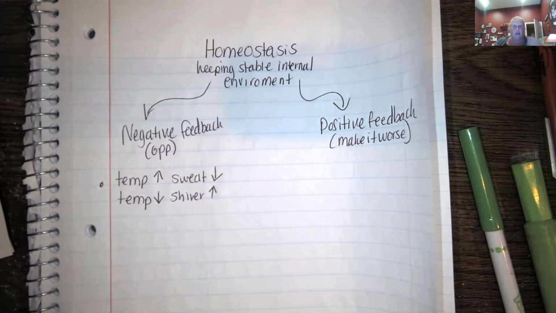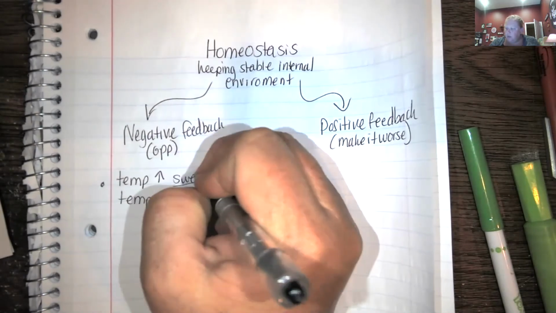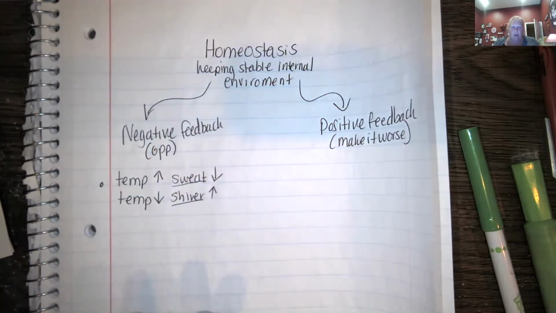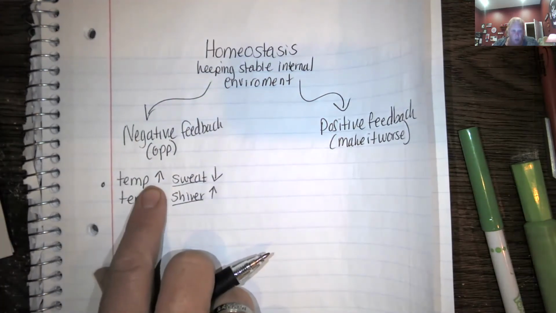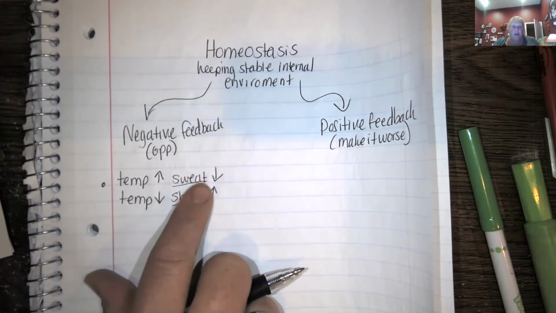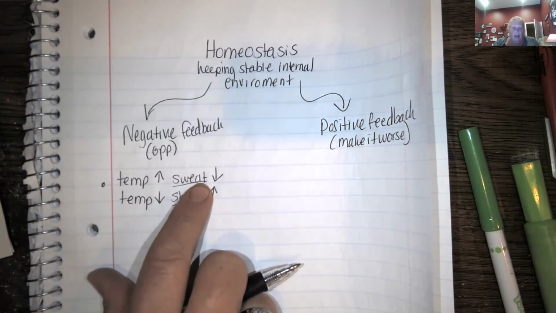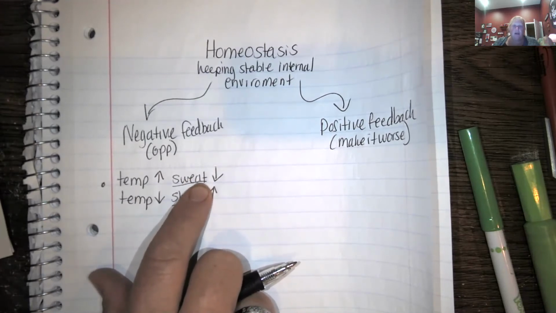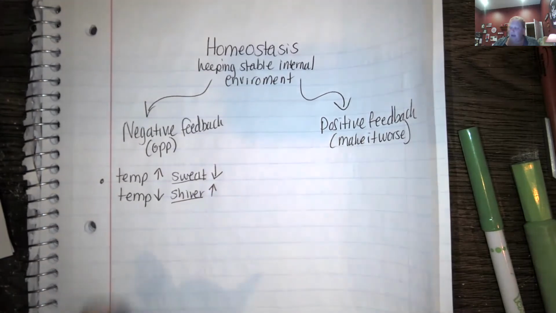Okay, so those are all negative feedback loops where you immediately have something take over, doing the opposite reaction. So right away, doing something, not making the temperature worse, it's automatic, we're sweating, opening up those pores to get that temperature back down, okay?